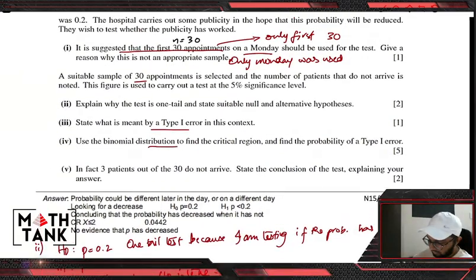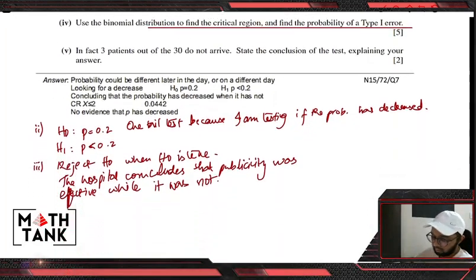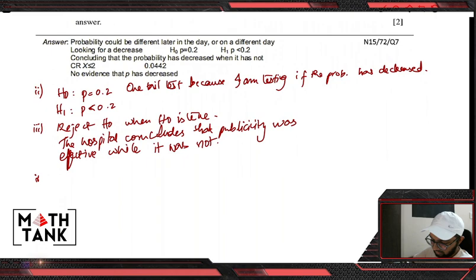Then it says use the binomial distribution to find the critical region and find the probability of a type 1 error. So whenever you have this kind of question where you are asked to determine a critical region, that question is about finding out, basically through trial and error, a probability that is less than your given significance level.